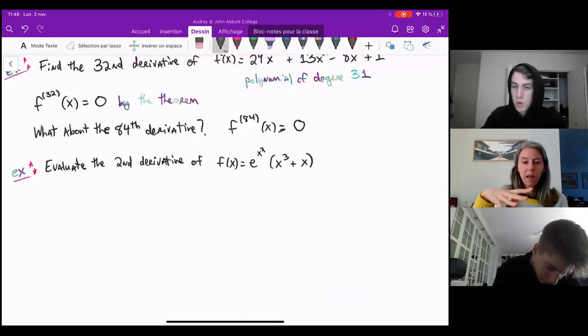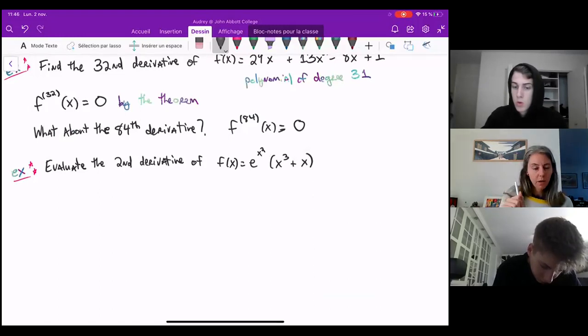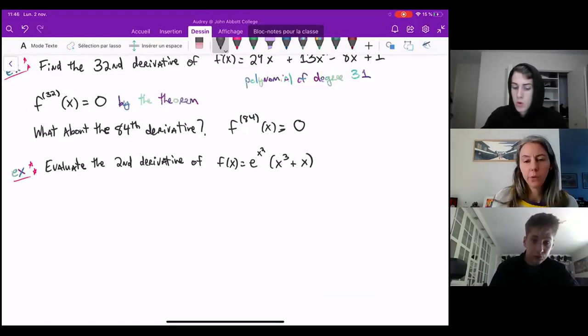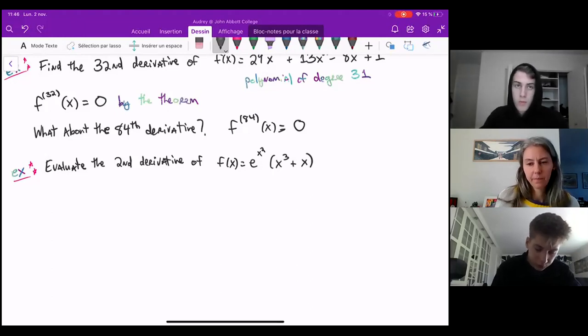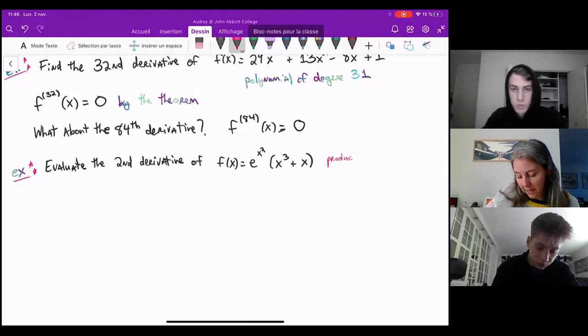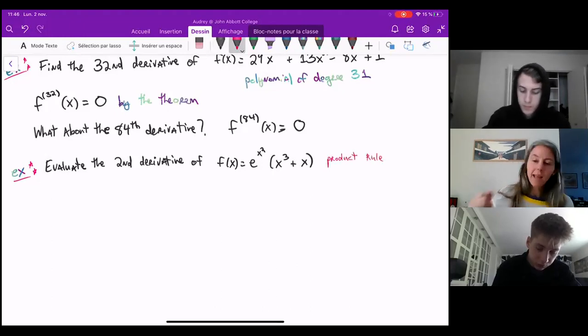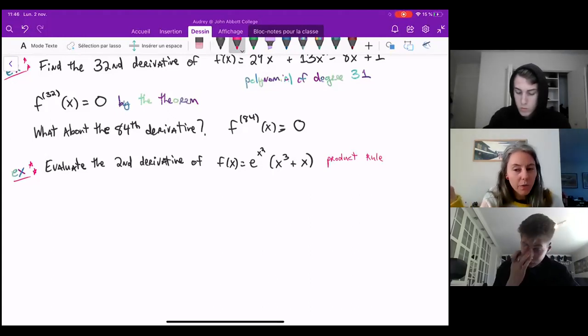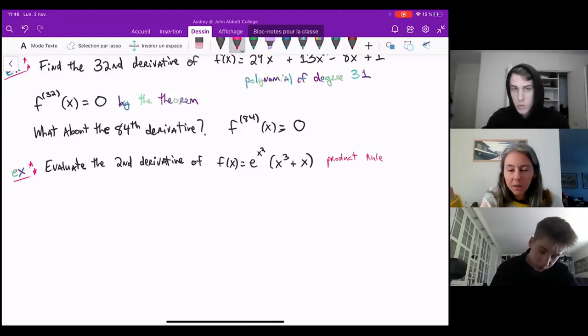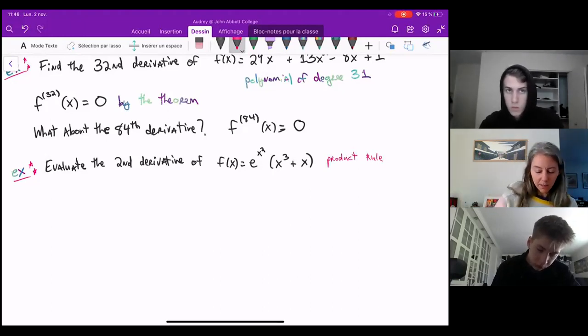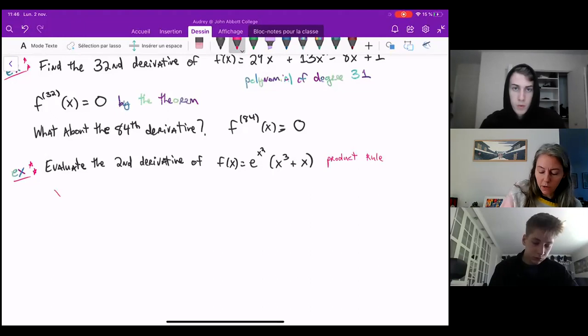So if I do this as is right now, what rule will I have to use? Product. So this is a product rule. If I expand this in the same way I expanded the last one, can I avoid the product rule? Yes. Let's expand. Let's just check. So if I expand, I'm distributing that e to the x squared.